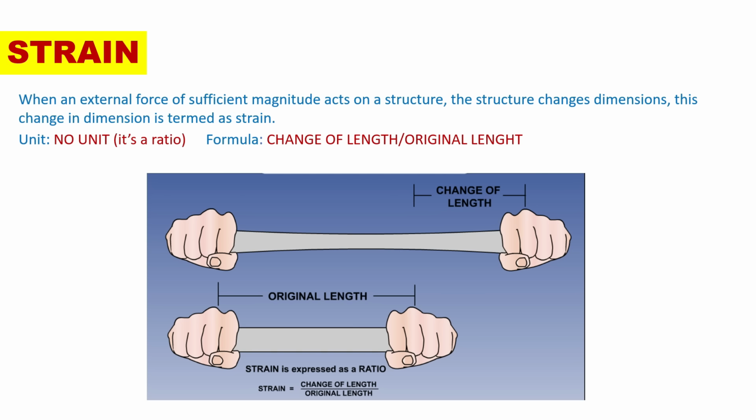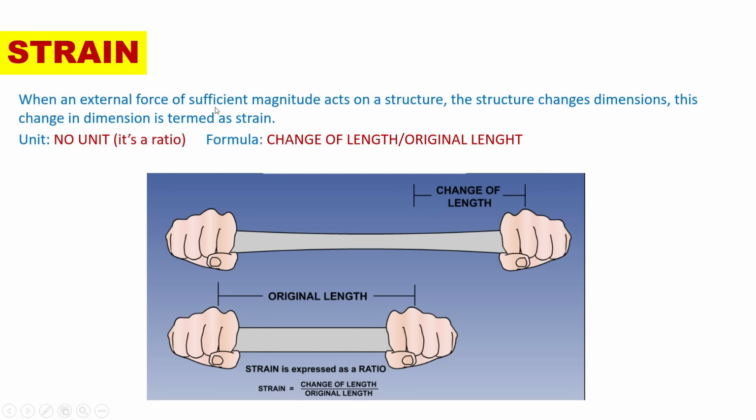Strain exactly happens after you break the elasticity point. So whenever we are talking about strain, it is talking about breaking that elasticity point. That's why it is written here, when an external force of sufficient magnitude. The magnitude should be sufficient enough to break that elasticity.